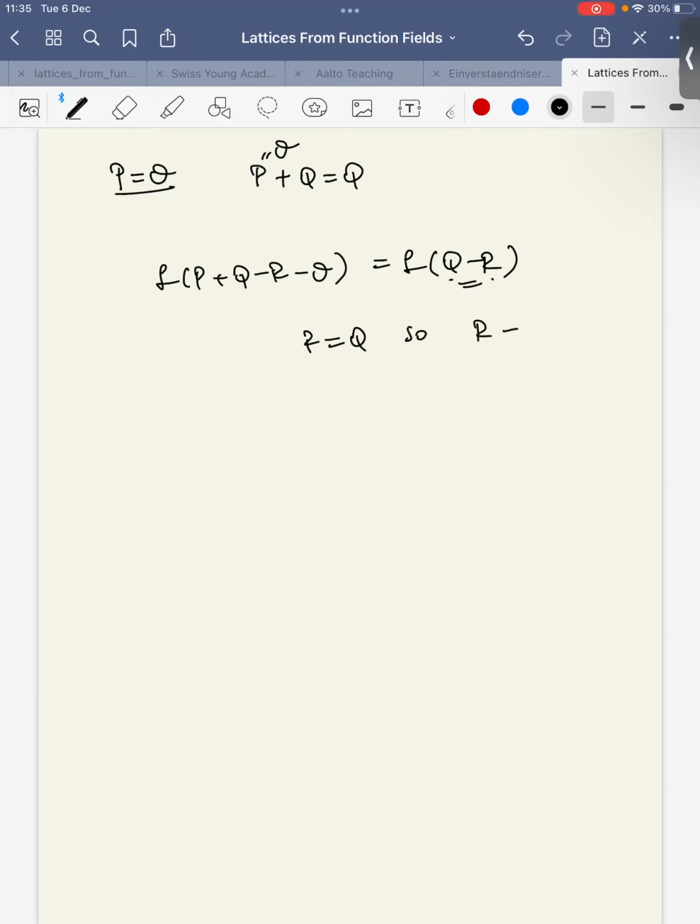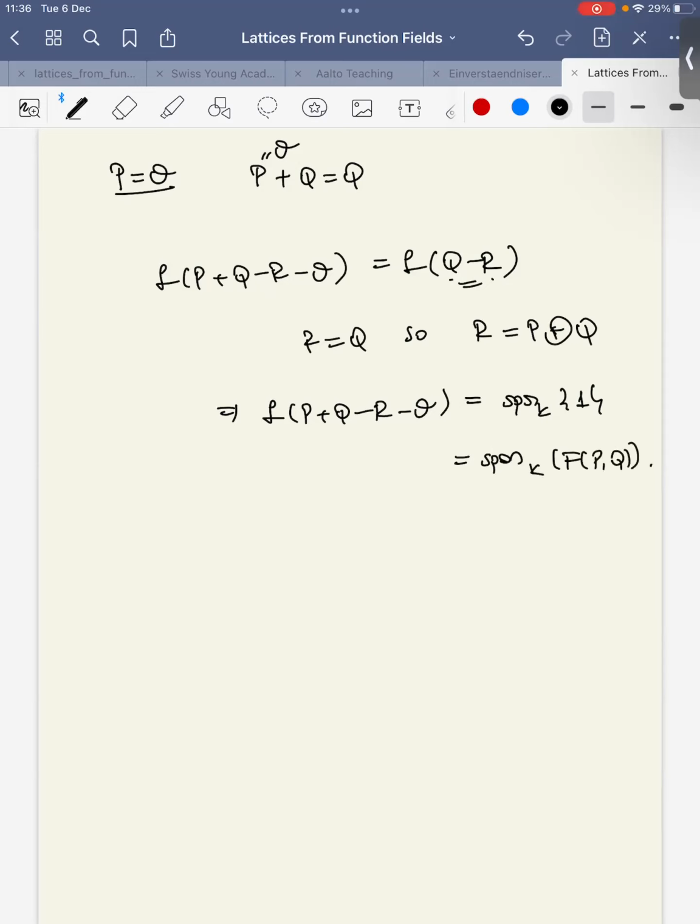So R is indeed equal to P plus Q. In this case, this Riemann space is spanned by a non-zero constant, but in general we can take it 1. And in this setting, we set FPQ as 1. Again, we can see this equality.